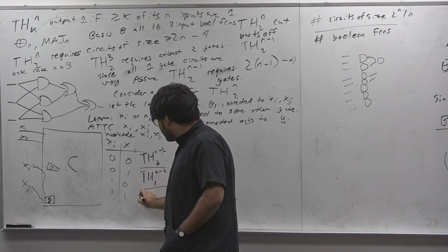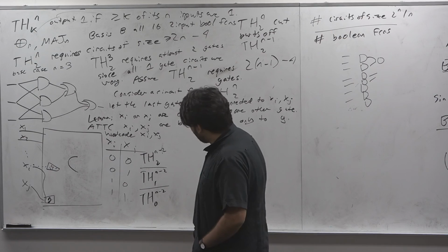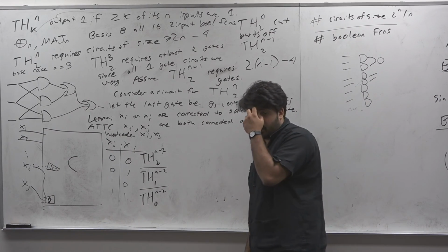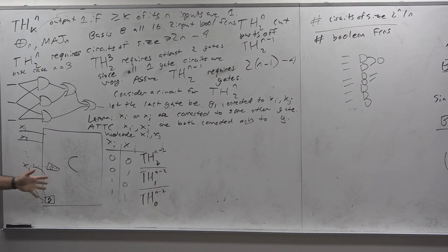I guess it's technically threshold of 0 of n-2, right? So if you fix the inputs to G, you can compute this circuit, whatever that fixing is, and C prime computes one of three possible Boolean functions.